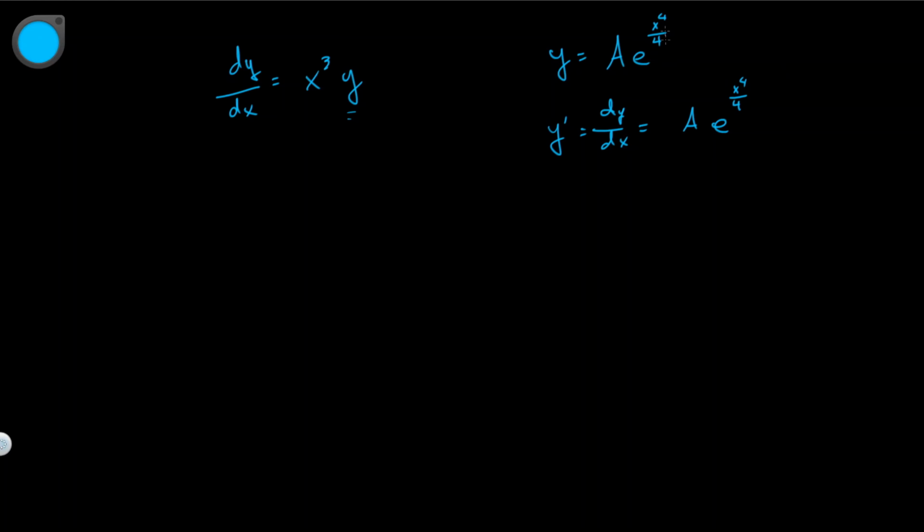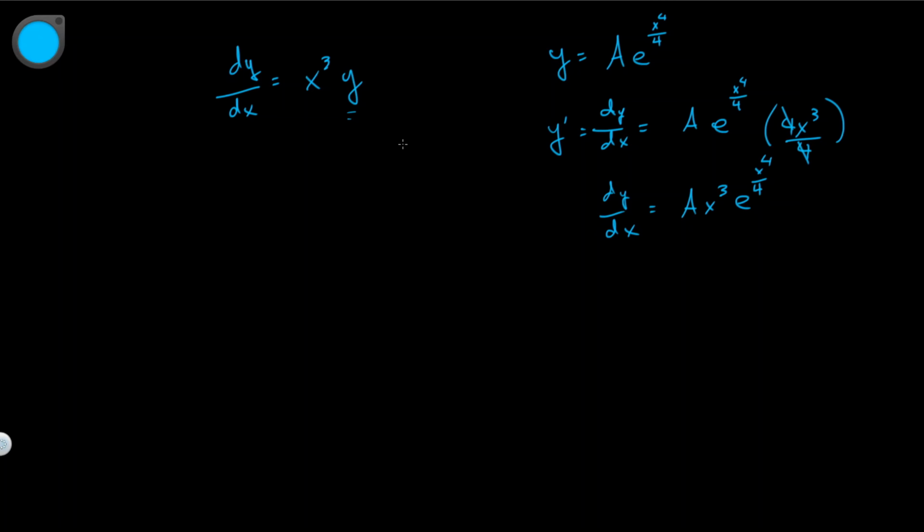Let's not forget that. The derivative of this is, bring the 4 down, 4x cubed divided by 4. Those 4's go away. And then we have dy over dx is equal to a times x cubed times e to the x to the 4th over 4.